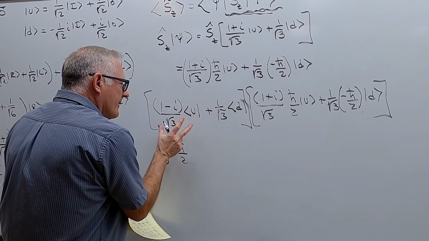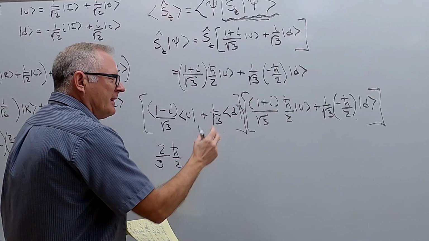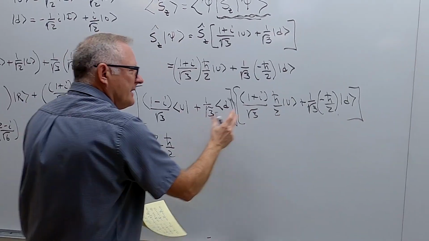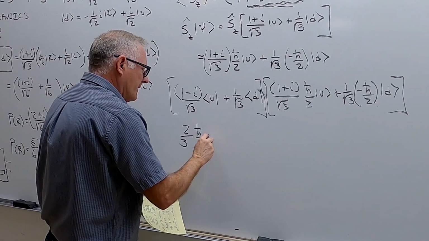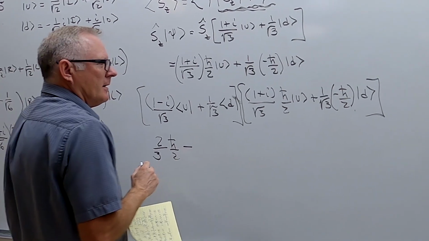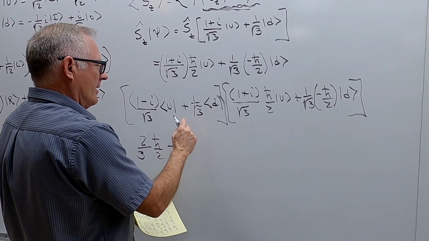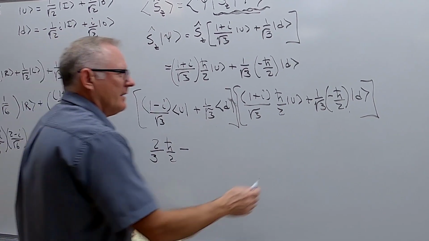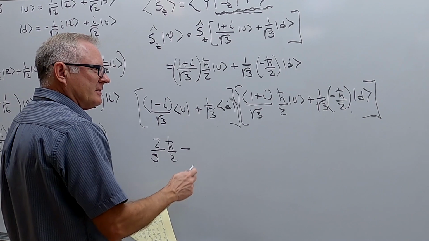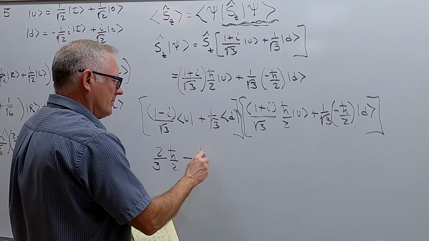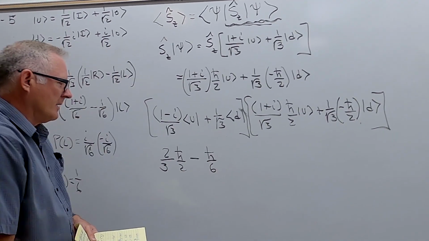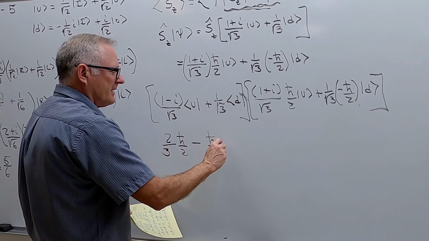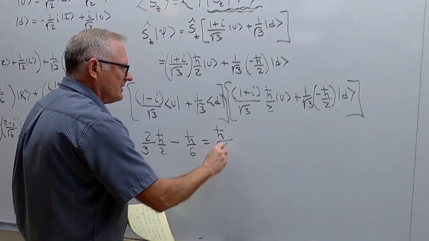Okay, so that takes care of this times this. The only other term we have is these two. Multiplying these together, it's a negative number, so I'm going to have a minus. I get a square root of 3 and a square root of 3, that's 3 times 2 is 6. So you just get h bar over 6. Well, this is 2 h bar over 6 minus 1 h bar over 6, which is just h bar over 6.